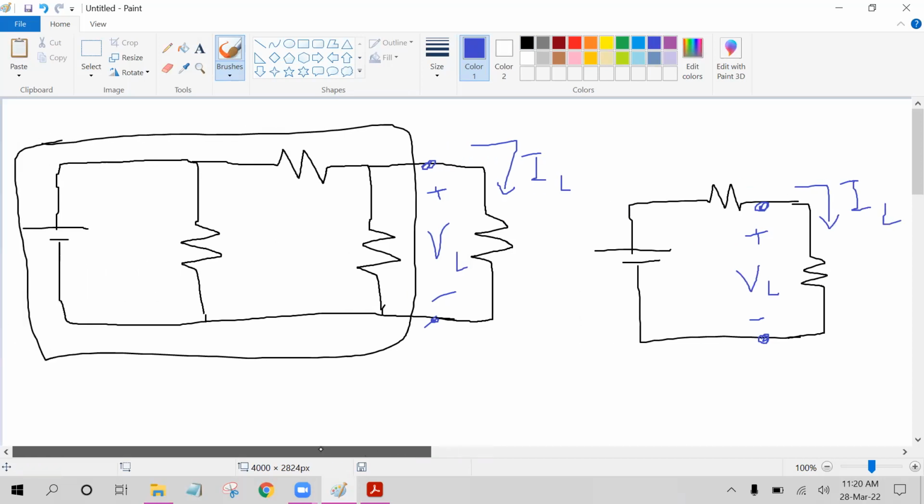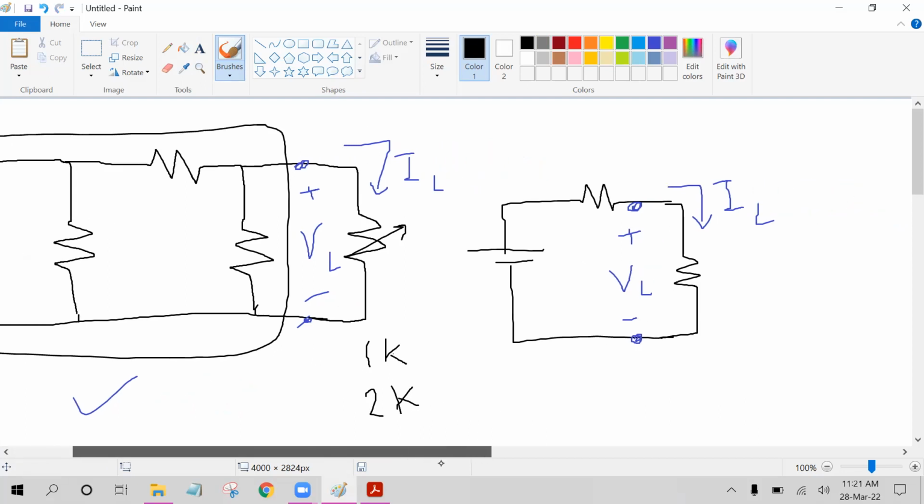So what we will do in Tinkercad, first we will build this large circuit and measure VL and IL for some values of load resistor. Say we will take load resistor 1K and 2K, and we will measure the values of voltage and current.